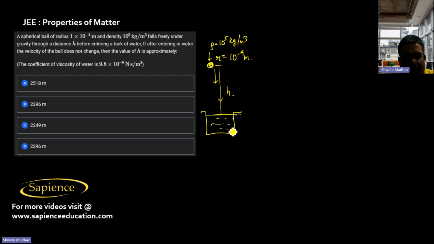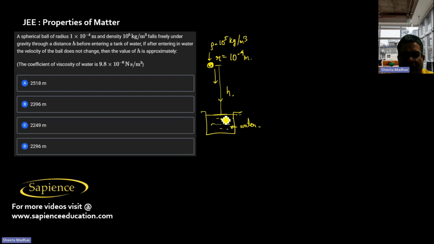If after entering in water, the velocity of the ball does not change. So it is told that after entering in water, the velocity of the ball does not change.